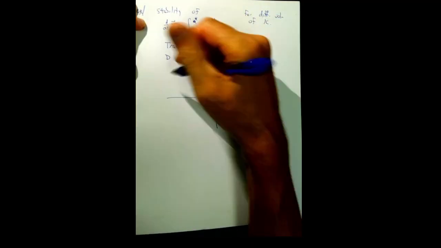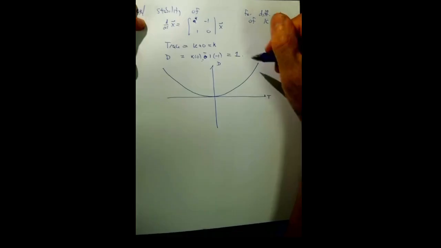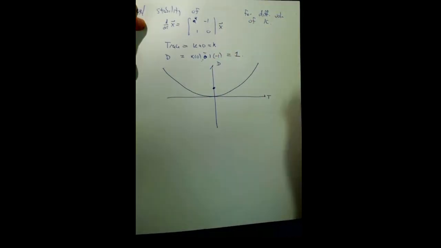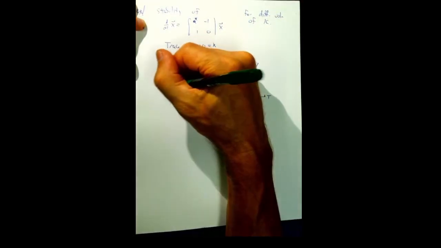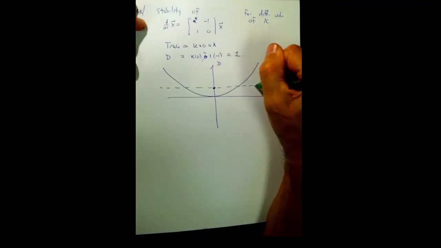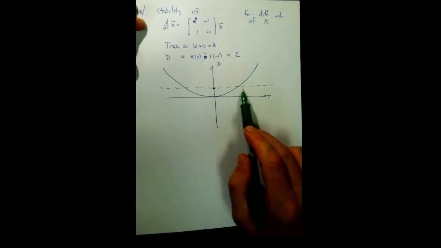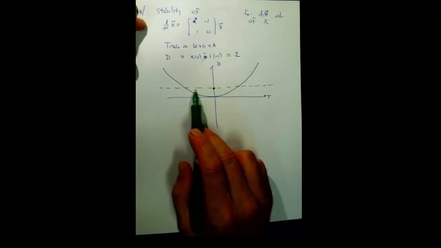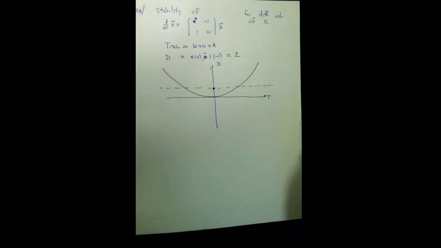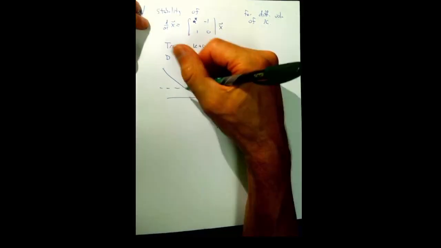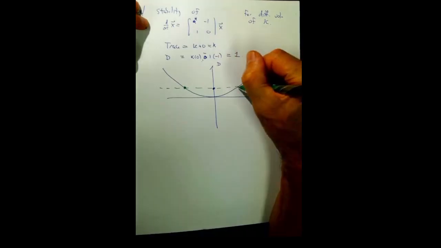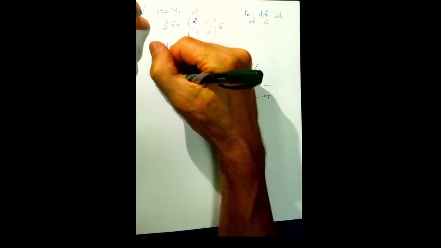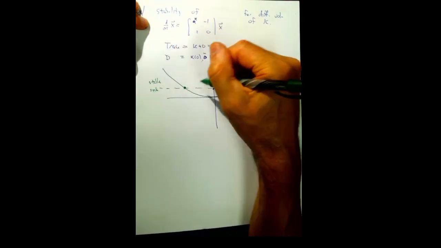So if I look at my trace-determinant plane, the determinant is 1. And as I increase k, I'm going to be moving off in this direction. As I decrease it, I'm going to be moving off in this direction. So my possibilities are going to be 4 different things. Out here, I'm going to have a stable sink.